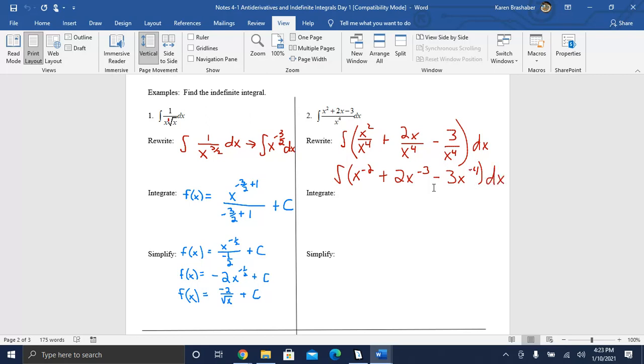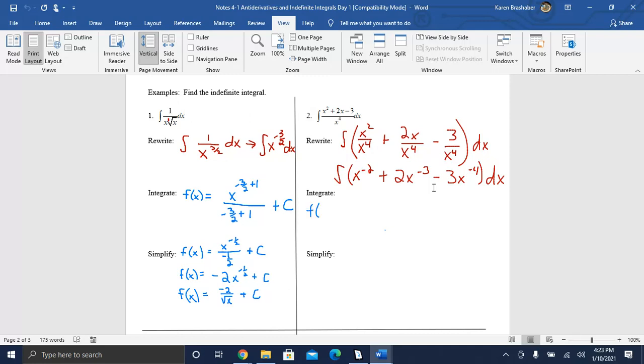dx. It's a good idea while you're learning to maybe label what you're doing so that you don't mistake having done that line and thinking that you've done the integration. So now the integration, we're going to use the power rule.